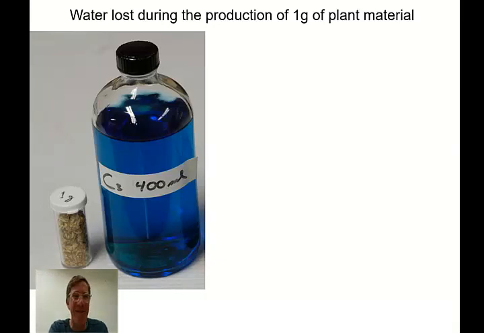I've had it for a long time, but there's 1 gram of that stuff in there. To fix enough carbon to make 1 gram of cellulose, a C3 plant loses 400 milliliters of water. So 400 milliliters of water pass through the plant and then out through the leaves to make that 1 gram of cellulose, or basically to fix 1 gram of carbon. So that's a lot of water loss.